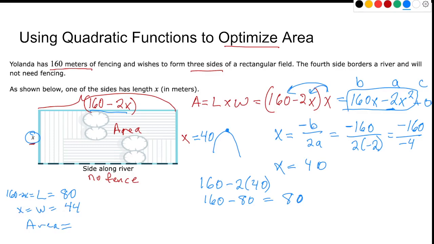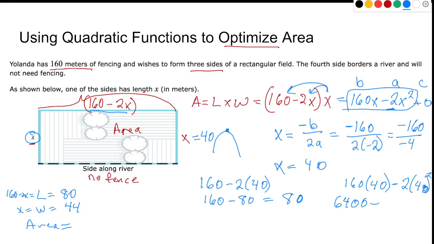The area is going to be equal to 160 times 40, so 160x, minus 2 times 40 squared. 160 times 40, 4 times 16 is going to give us 64 with 2 zeros. 40 squared is 4 squared, 4 times 4 is 16 with 2 zeros.